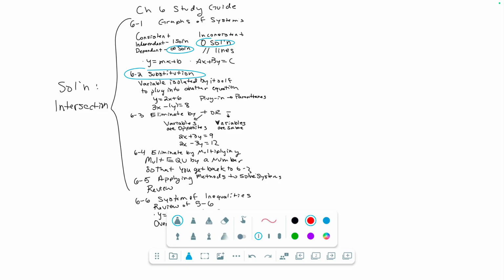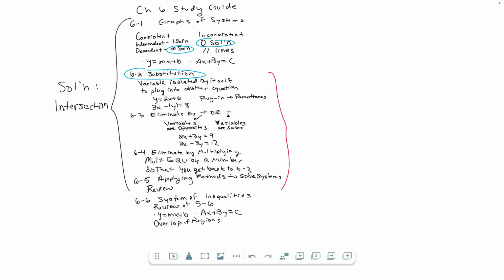The other thing that's important to remember is that when you're doing lesson 2 through lesson 5, from 2 to 5, you're working from 2 equations with 2 variables to 1 equation with 1 variable.